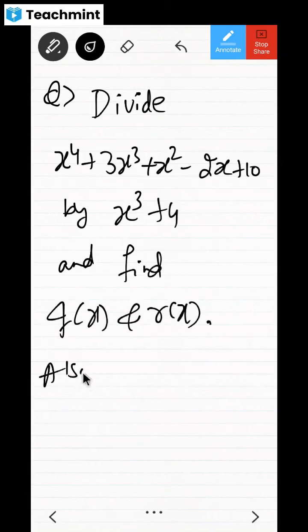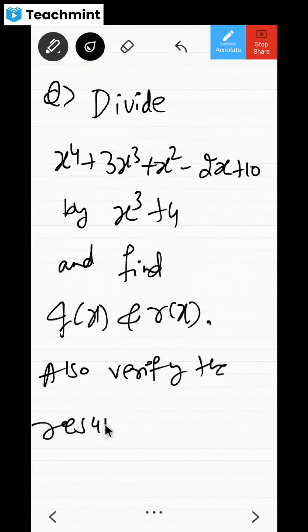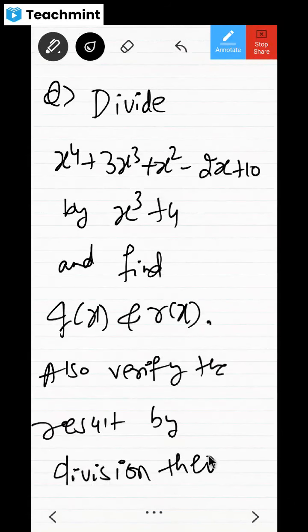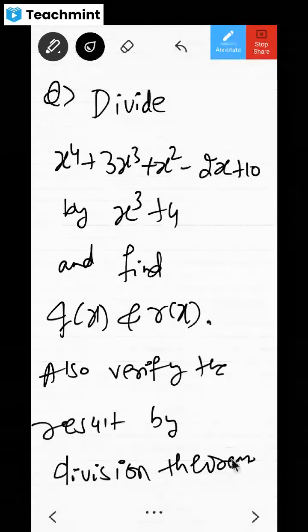Also verify the result by the division theorem. You have to use the division theorem to verify the result. Clear? Will you do this as homework, dear children? This is a little bit challenging. You'll face a lot of problems while solving this, which I will explain to you at a later stage. Okay?